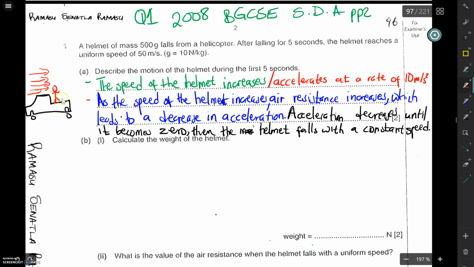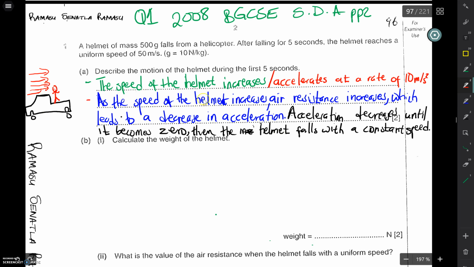So when something moves at a low speed, the air resistance against the object is low. But as the speed increases, the air resistance against that object increases as well. So this air resistance decreases your acceleration, right?